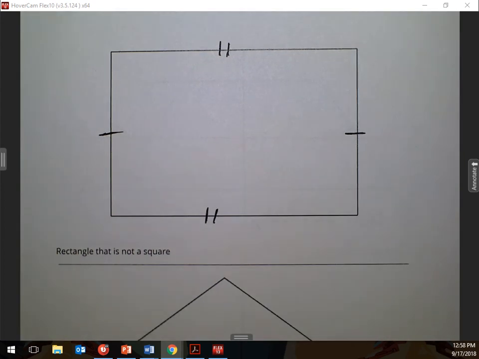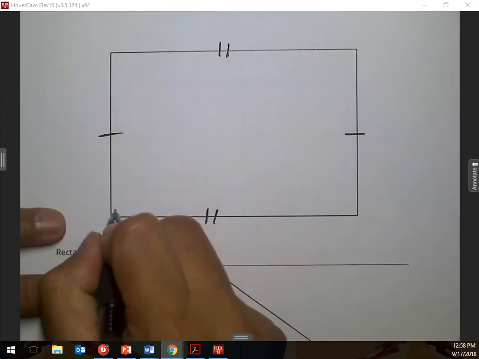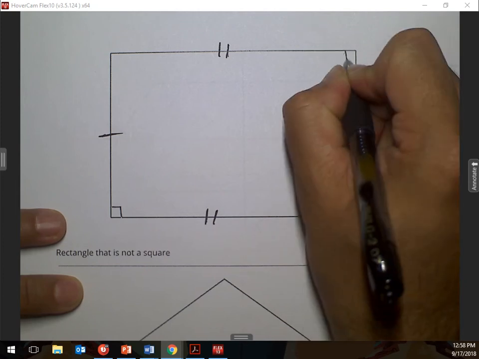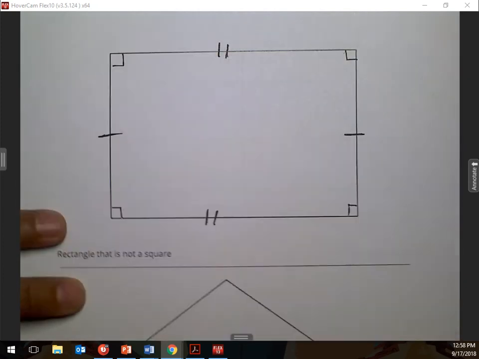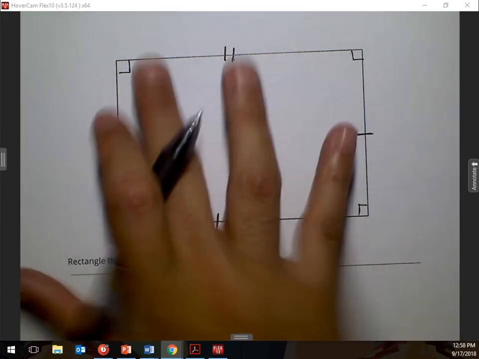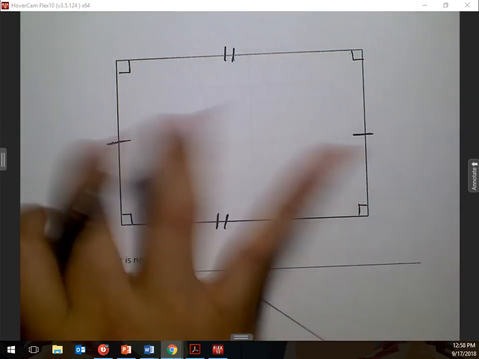Anything else? Right angles, thank you. 4 right angles, so I'm going to put my right angle boxes here. So we have 4 right angles, and opposite sides are equal.